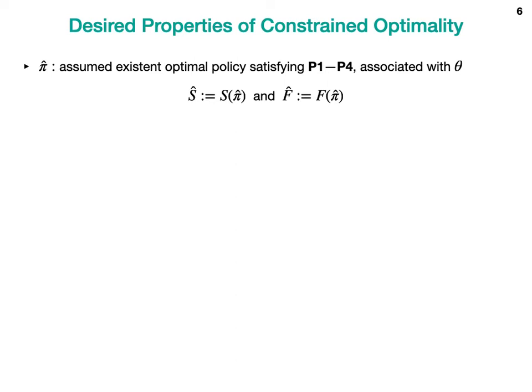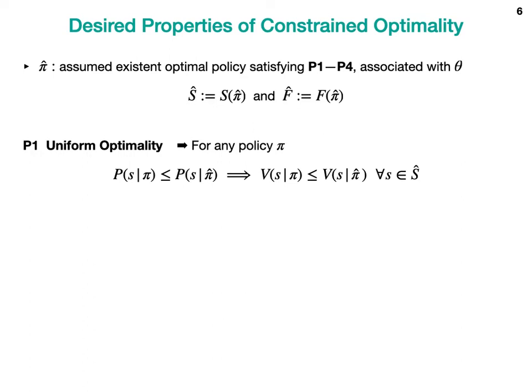And for simplicity, we denote the safe and unsafe regions under that optimal policy like this. Then the first property is uniform optimality. That is, for any policy pi, the optimal policy has a higher value at any state in its safe region only when it is less safe in that state.